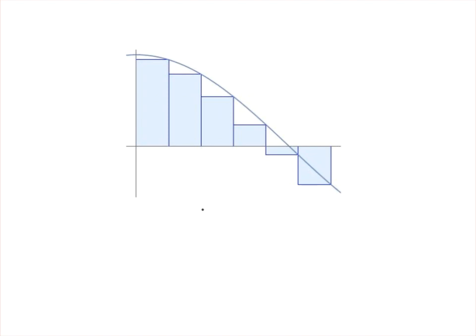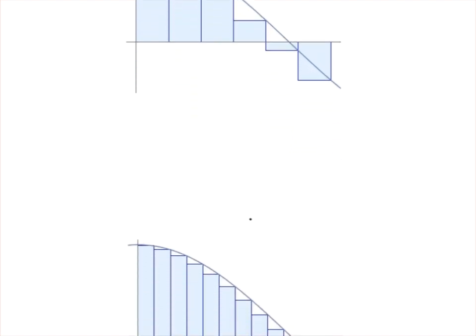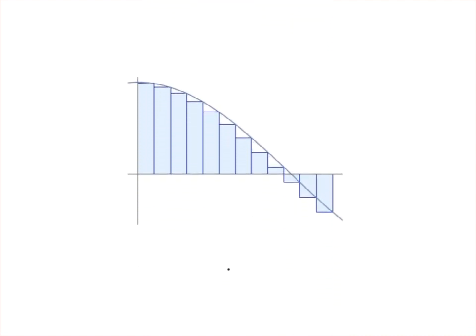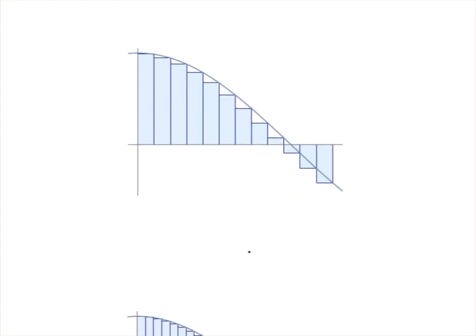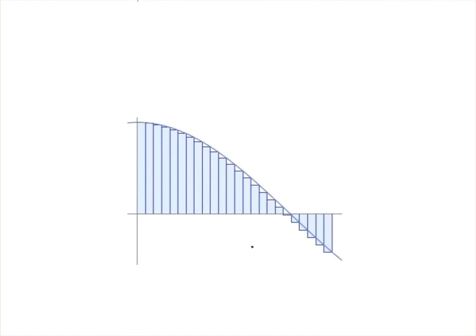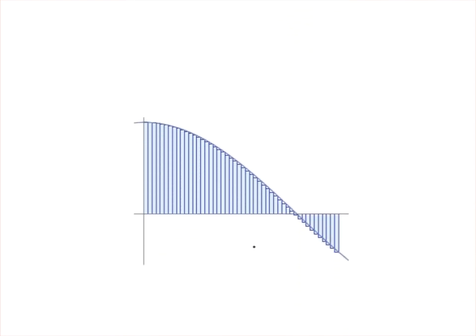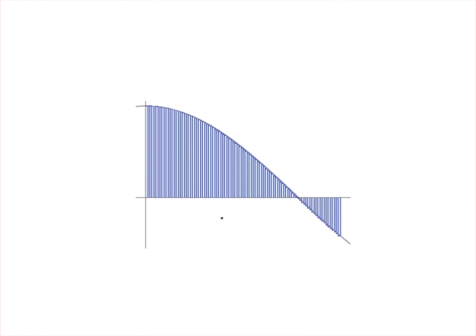We know how to do that approximately, and as we increase the number of rectangles, the approximation gets closer and closer to the actual area. As we can see here, as we include more and more rectangles, we reduce the error.